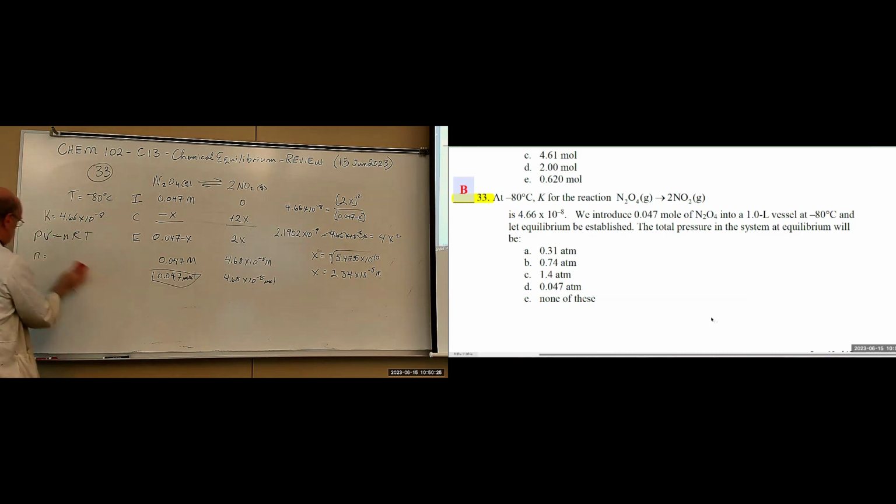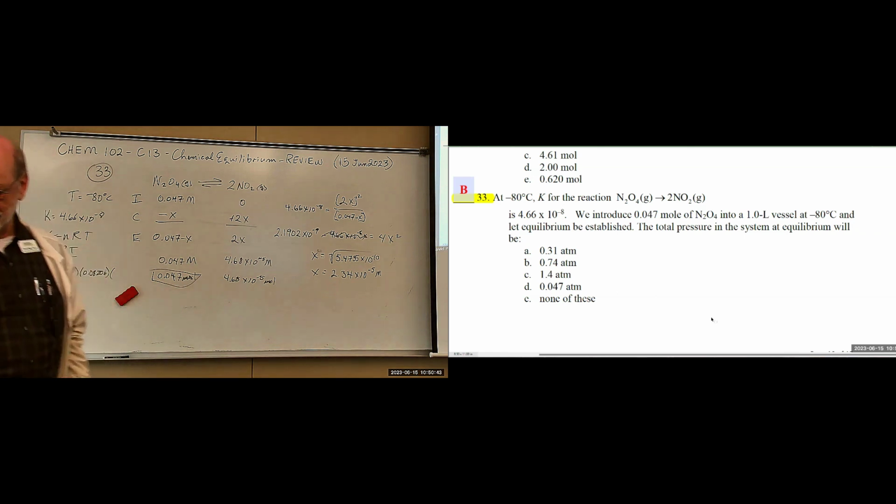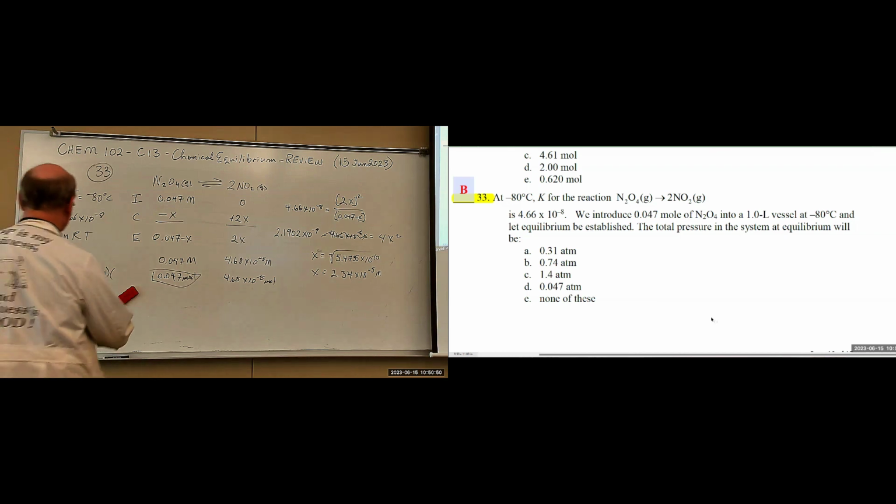Oops. We're looking for pressure. Okay. Pressure equals nRT over V. So the number of moles is 0.047, 0.08206 for the R value. And what's this one? 273 minus 80, 193.